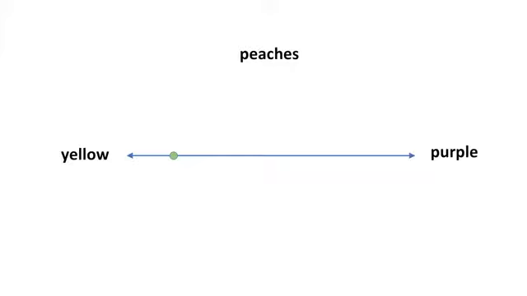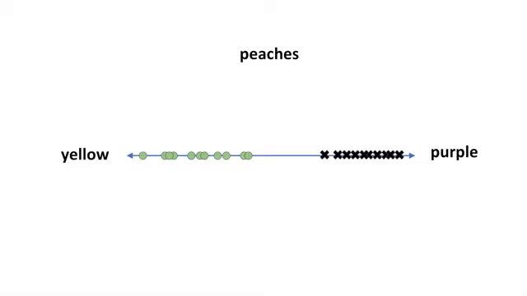So you make a green circle and put it at the point that represents its color. You grab another one that's pretty purple and you taste it and it's nasty, it's rotten. So you put a black X at the point that represents its color. And you do this again for a few more peaches, some yellow ones, some purple ones, some ones in between. And before long you have a data set that looks like this.